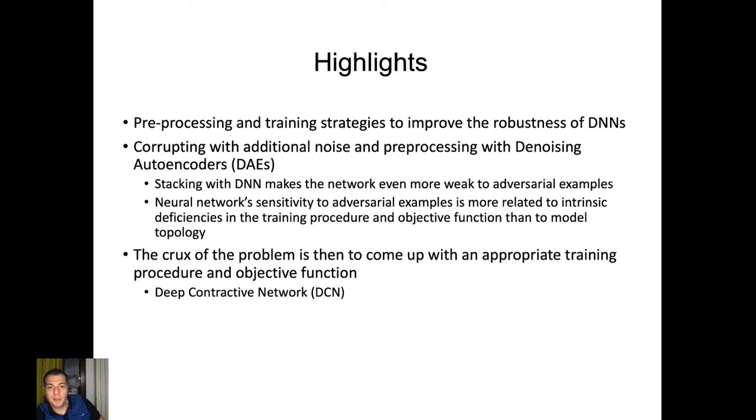So using pre-training seems to make the network even weaker to adversarial examples. And they conclude that the network sensitivity to adversarial examples is more related to the intrinsic deficiencies of the training procedure and the objective function than the model topology. So it's more related to these aspects.